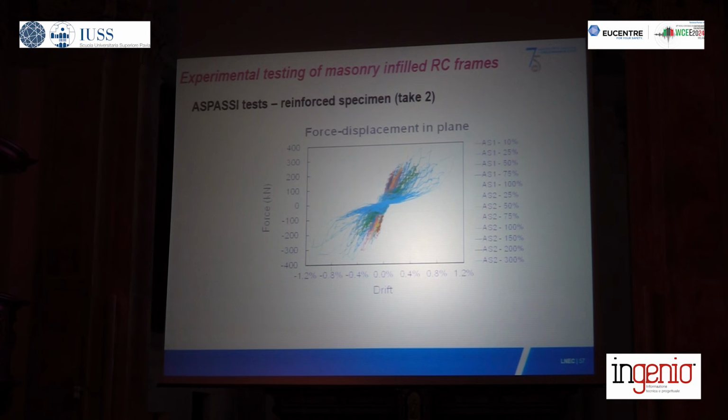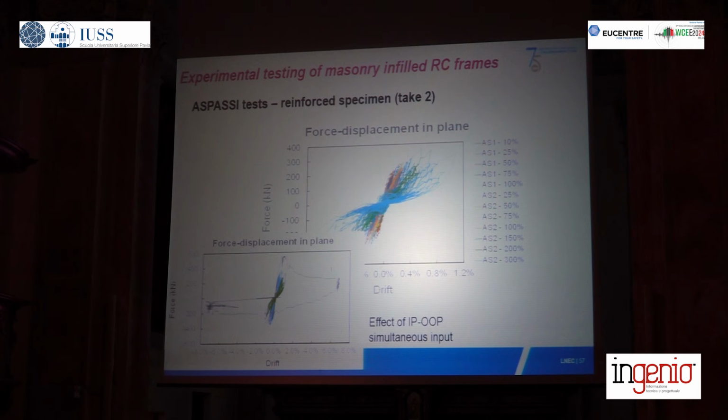So the mesh reinforcement is not giving additional strength, but it is sustaining the out-of-plane collapse for a long time and up to much larger drifts than the previous one. And again, if we compare this cyclic response with the pushover, the in-plane pushover of the reinforced concrete frame, you see the effect of the in-plane and out-of-plane simultaneous input on the response of the masonry infill.